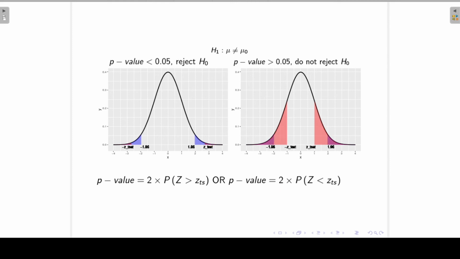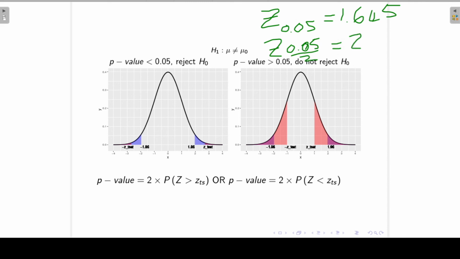You would have noticed in the previous slides I worked with Z 0.05, which is 1.645. In this slide I work with Z 0.05 divided by 2, which is Z 0.025, and that is equal to 1.96.